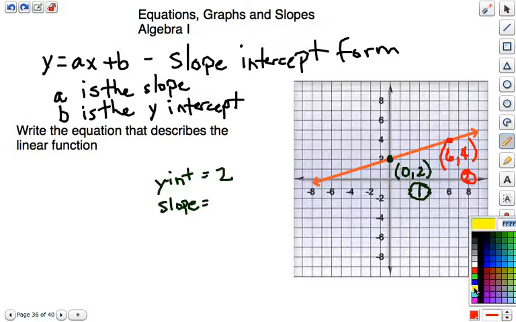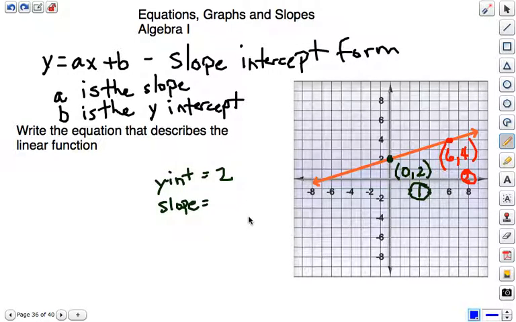All right, so to calculate the slope, we need to take the change in y over the change in x. So we're going to subtract these points here. So y sub 2, that's 4, minus y sub 1, which is 2, over 6 minus 0. We're subtracting our x's. Okay, so we get 2/6, and when we reduce that, we have 1/3. So our slope is 1/3.